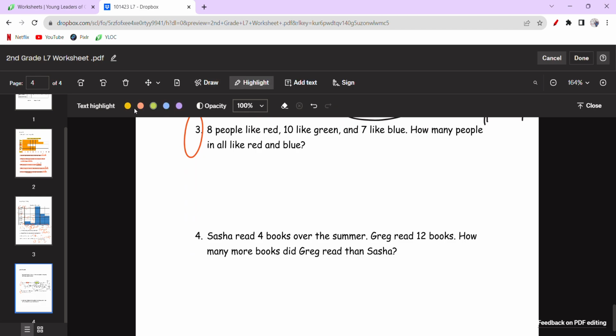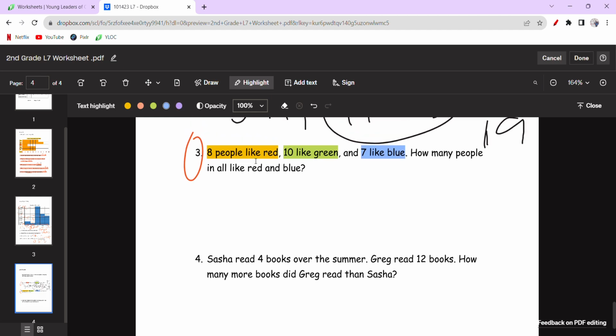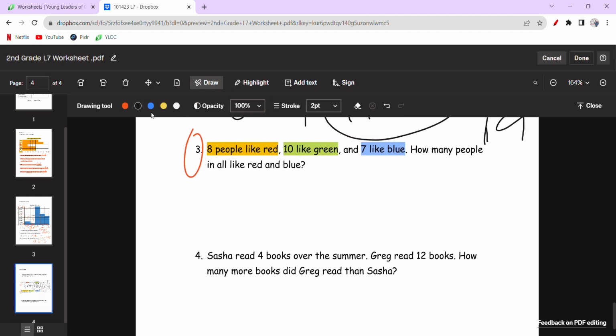Okay, let's take out our highlighter again. Okay, 8 people like red. 10 like green. 7 like blue. How many people like red and blue? Okay, so we're looking for how many people like red and blue only. So we have 8 people like red, 7 people like blue.